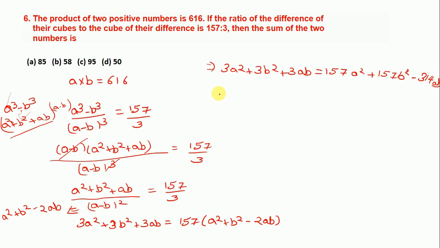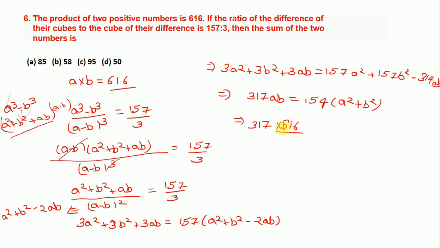After solving this, we will get 317 ab is equal to 154 times a square plus b square, and here putting the value of ab, that is 616, 317 times 616 divided by 154 is equal to a square plus b square. Now a square plus b square will be equal to 1216, and we have to use this value in a plus b whole square.